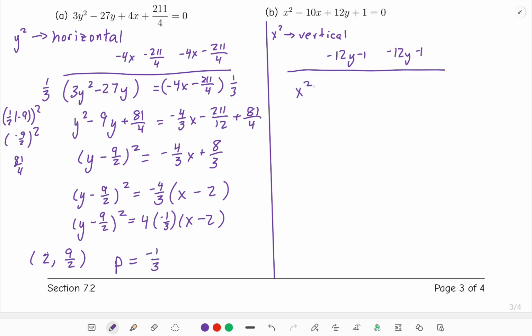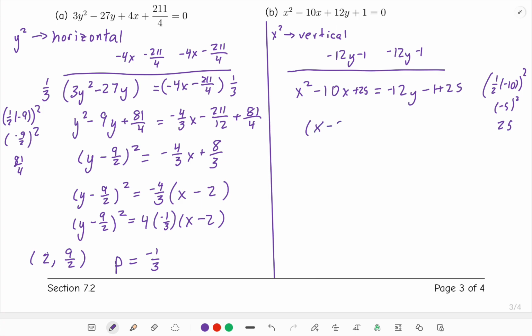So we get x squared minus 10x equals negative 12y minus 1. There is no leading coefficient, so I get to jump straight to half of b, squared, which is negative 5 squared, which is 25. So I'm going to add 25 to both sides.